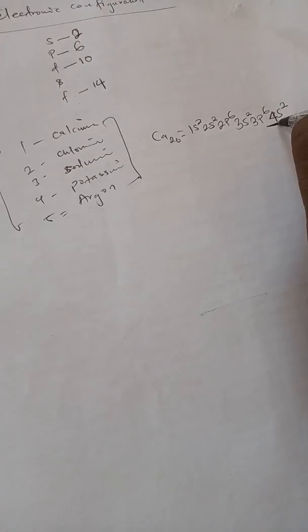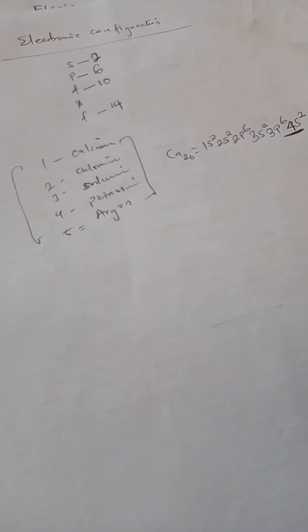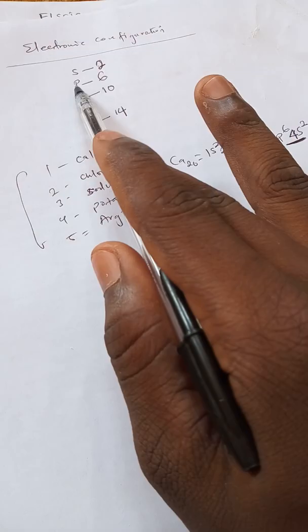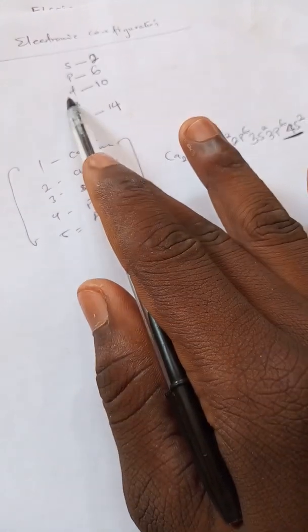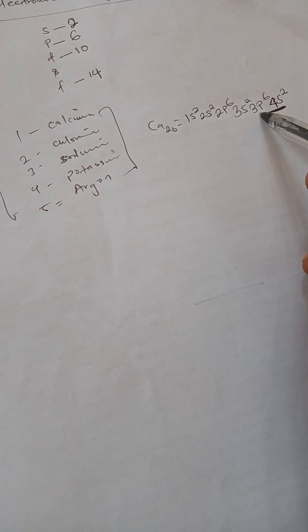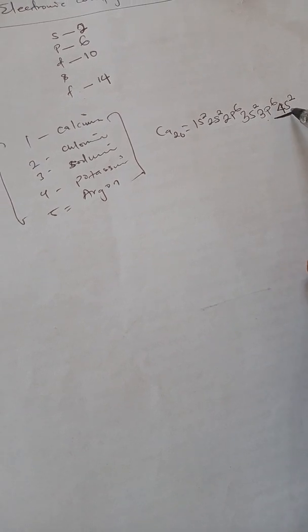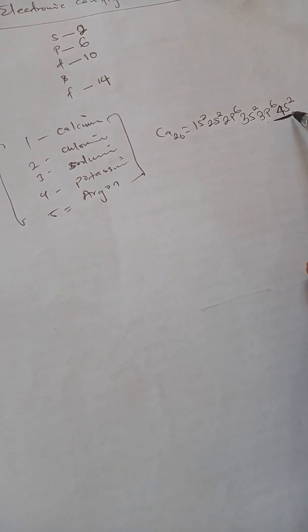Why should we write 4s instead of 3d? We are following them according to the number of sub-energy levels they contain. But look, here we have 3p, and instead of 3d, we now put 4s. Why?